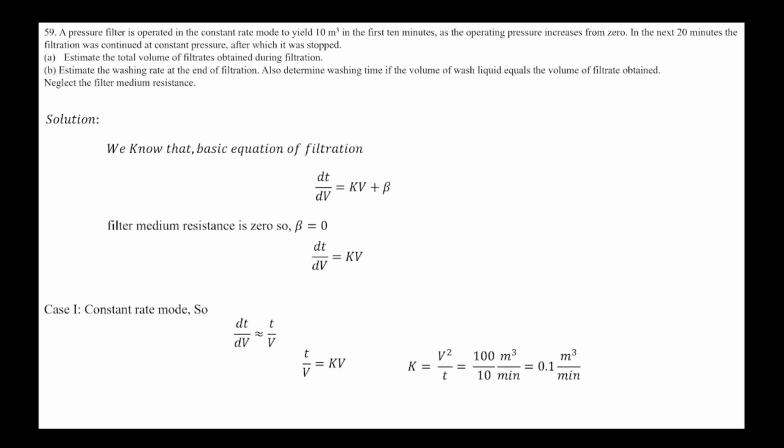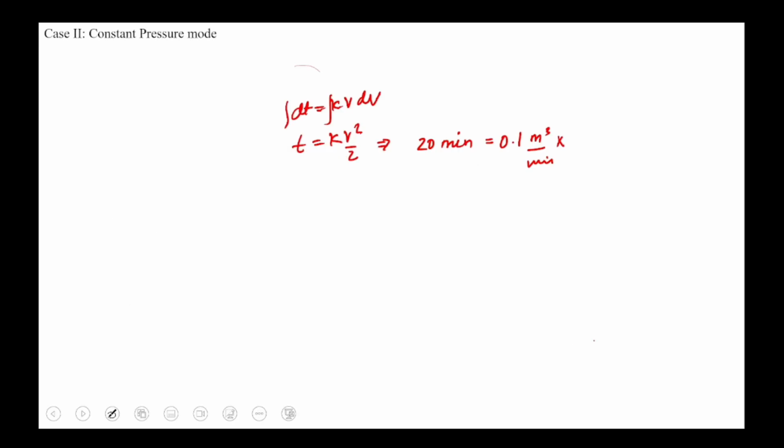Meter cube minute, meter to the power 6 per minute, it is not cube, meter to the power 6 because volume square. So meter to the power 6 into volume square by 2.